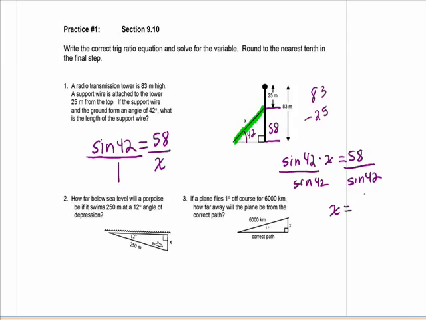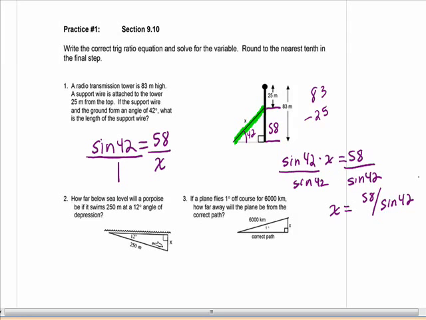And I would get that x equals 58 divided by the sine of 42. Now, notice what happened back in our original problem, that the sine 42 and the x just exchanged places. So if you'd like to just remember that, that'll make solving these problems really easy.